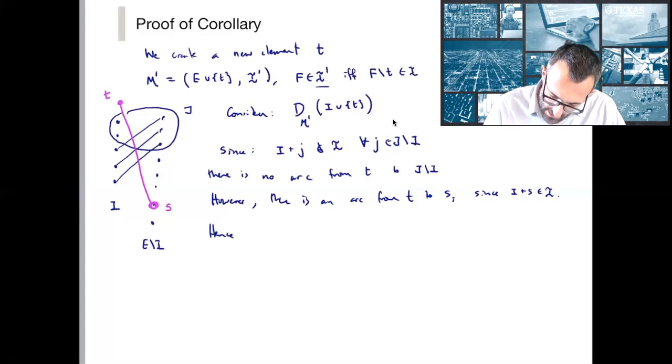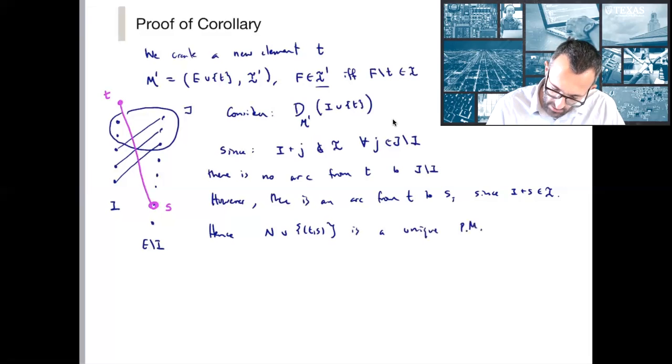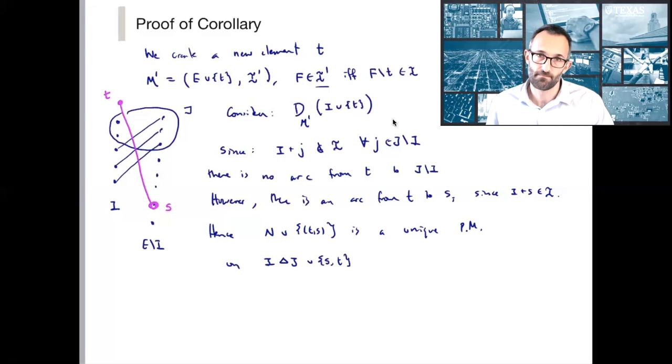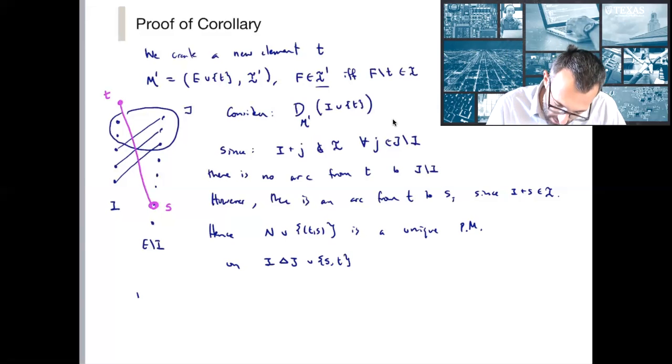In other words, hence N with this new edge TS is a unique perfect matching on the symmetric difference of I and J with these two additional nodes S and T. And so what that means is that I can do all of the swaps in the picture. That would be all swaps specified by these four edges. I can do them simultaneously.